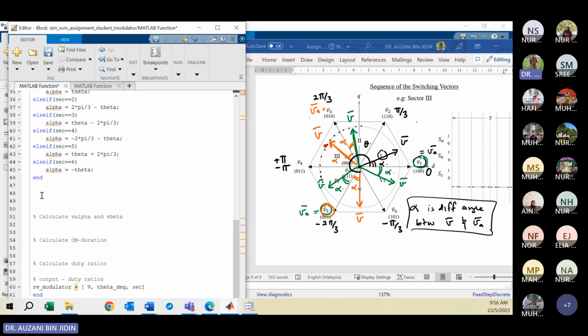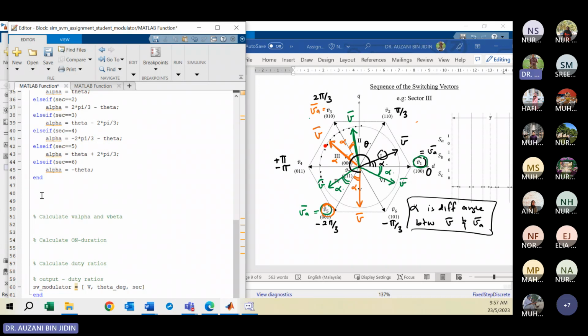That is how you verify whether your design is okay or not. Make sure you complete the simulation by next week.